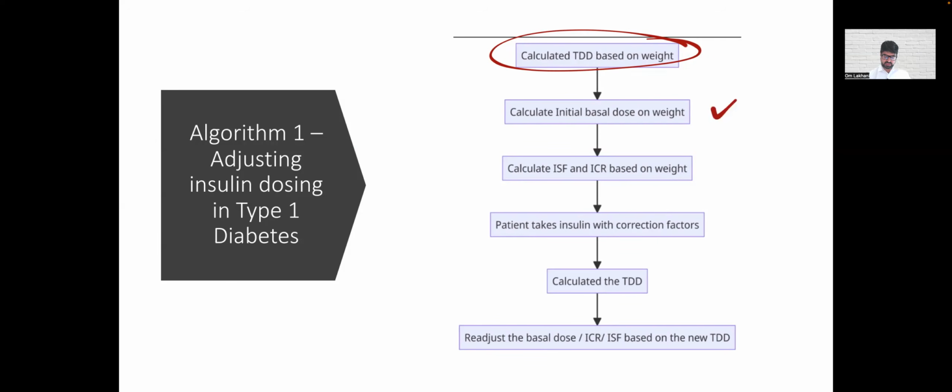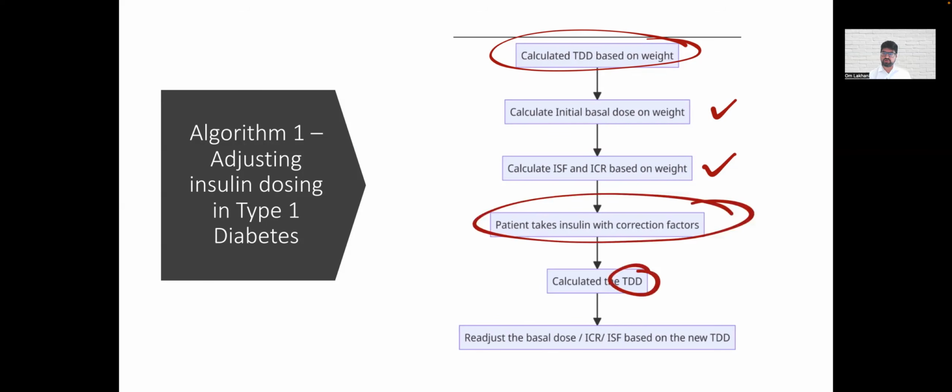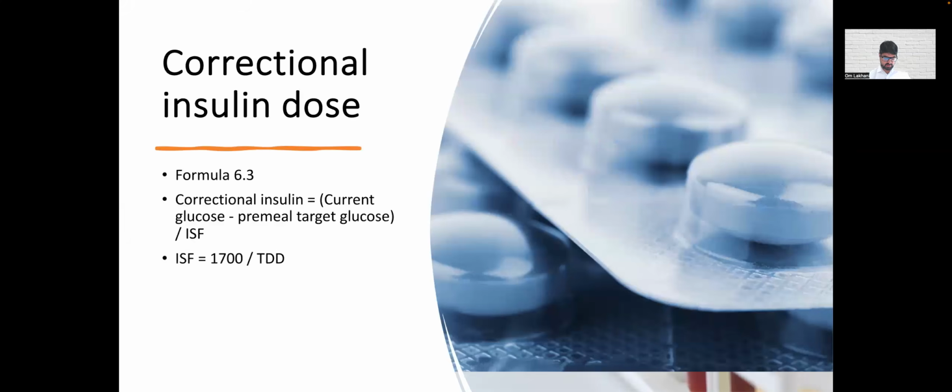We'll calculate the insulin sensitivity factor and insulin carb ratio, and you keep checking the patient's sugars and doing the correctional factors. So you'll get an adjusted total dose of insulin. With this adjusted total dose, you will readjust the dose of the basal and the ISF and ICR based on this regime. I'll come back to this point again. So let's go to the other formulas.